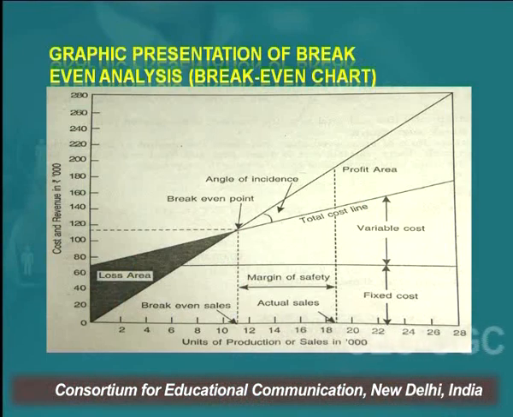As you can see, I have put here margin of safety, right? So you have understood the concept of margin of safety, that we can see the margin of safety with the help of this break-even chart.